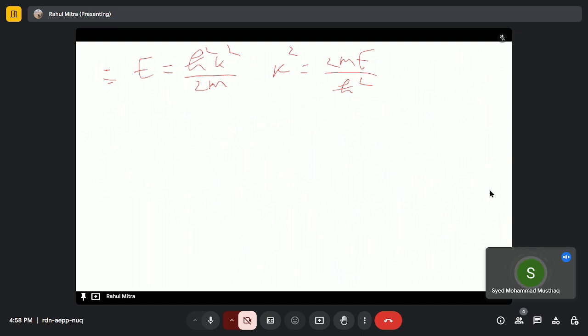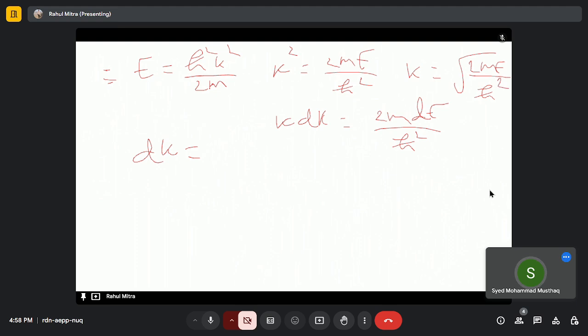Again, what is k dk? 2m dE by ħ². What is the dk value? We know k is equal to root of 2mE by ħ².